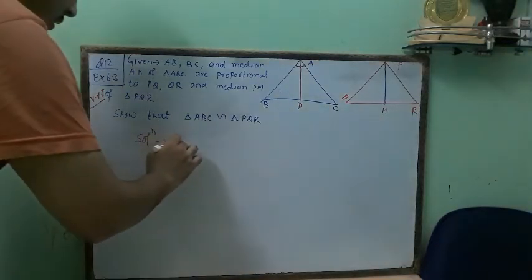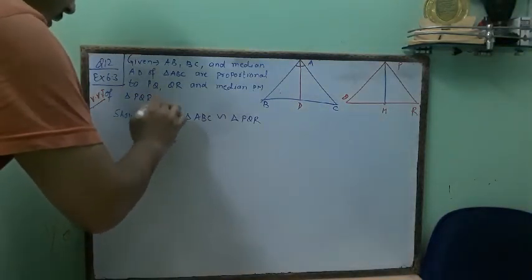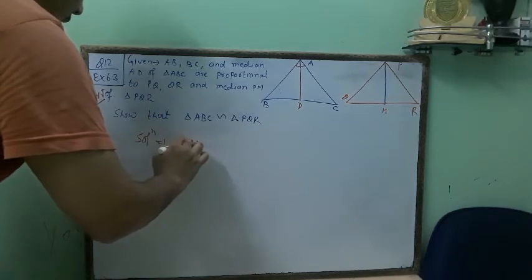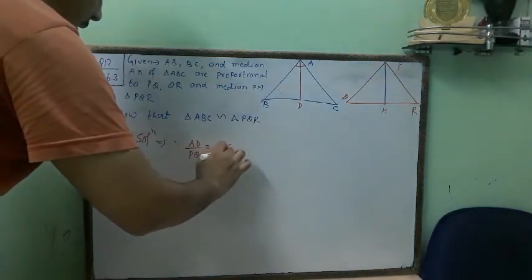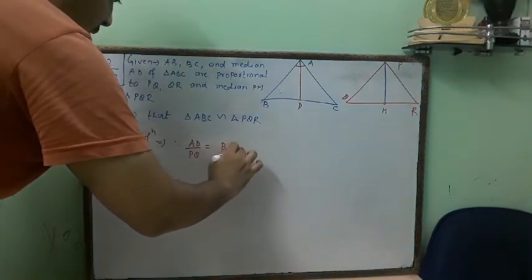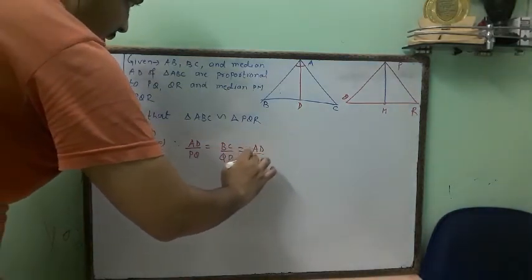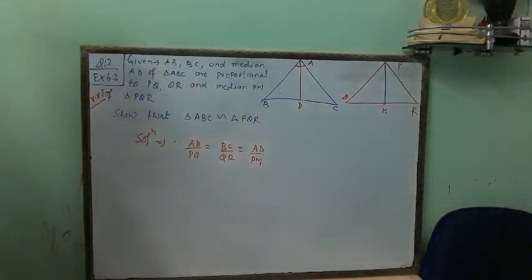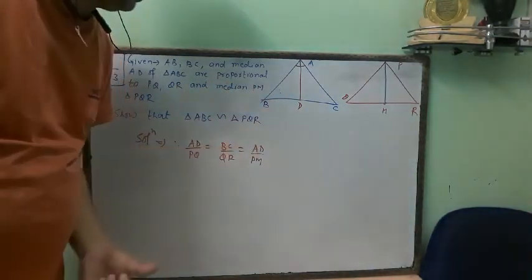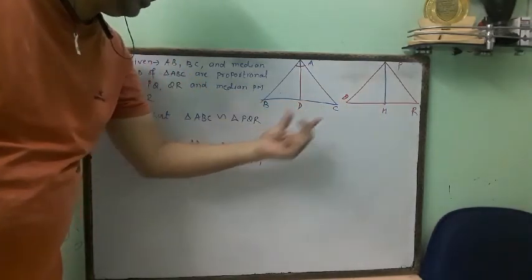So we will start. Since it is given that AB divided by PQ is equal to BC divided by QR is equal to AD divided by PM. Now see this one, in triangle ADB the side is BD, and in triangle PMQ the side is QM.